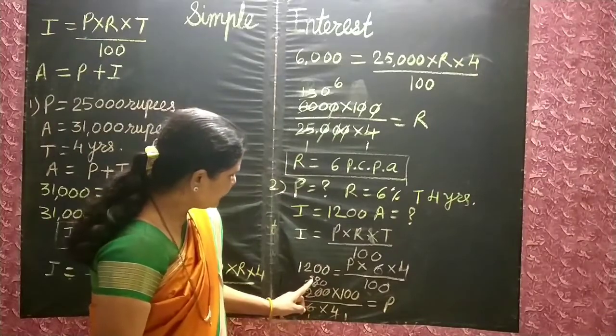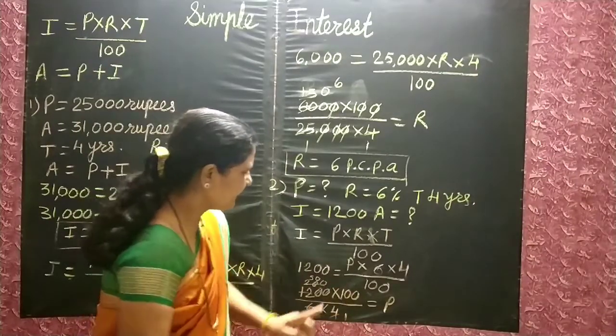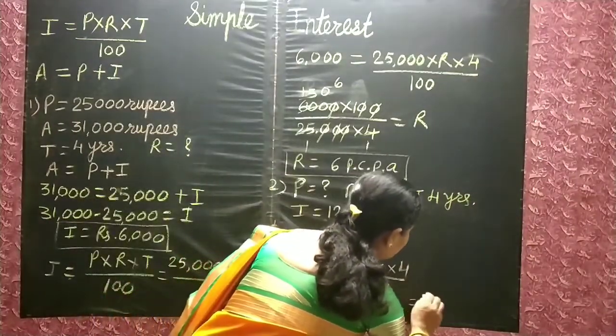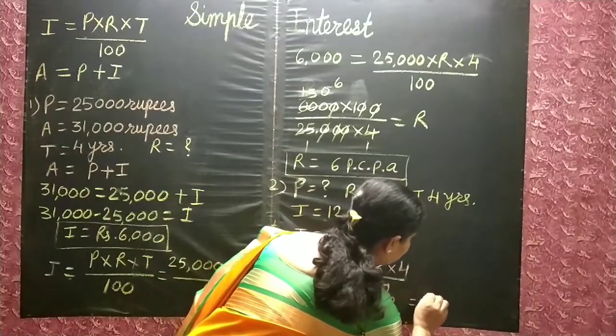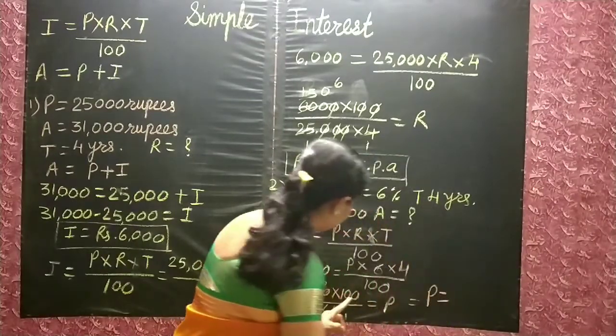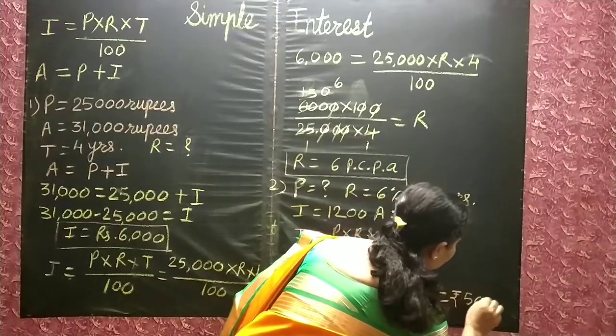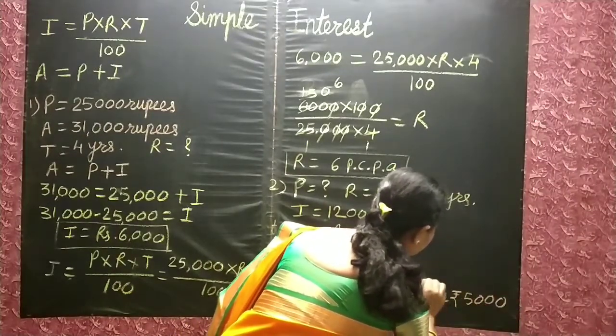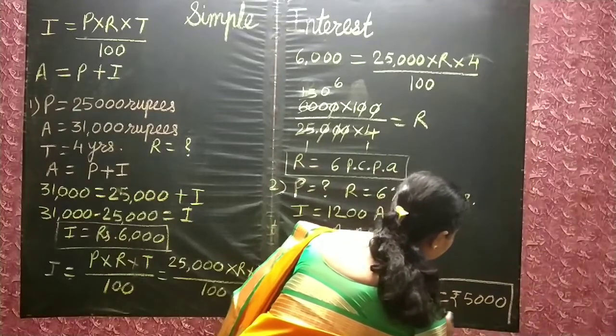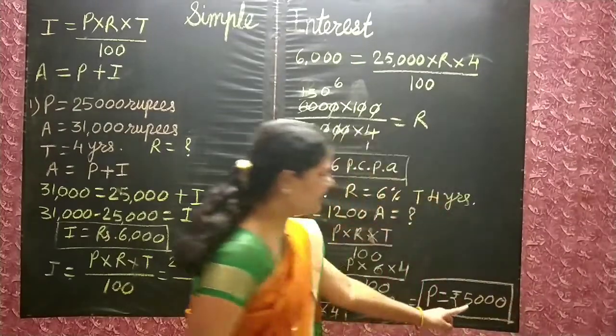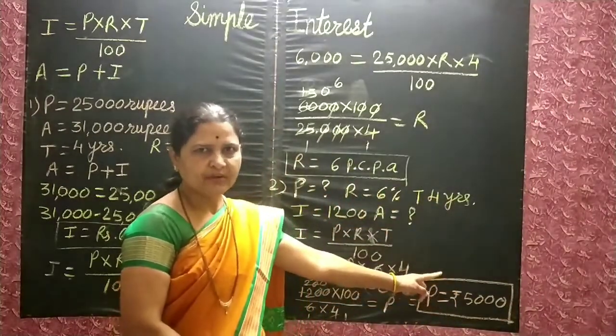Now 50 multiplied by 100, how much? P is equal to 50 multiplied by 100, which is rupees 5000. So our principal is 5000 rupees. Got it?